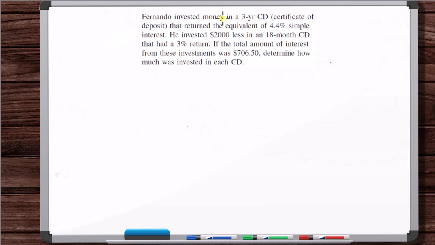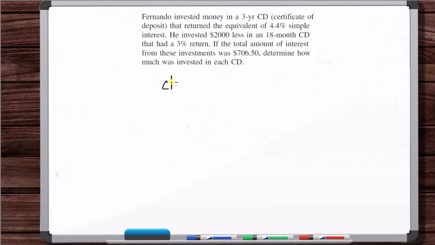Fernando invested money in a 3-year CD that returned the equivalent of 4.4% simple interest. He invested $2,000 less in an 18-month CD that had a 3% return. If the total amount of interest from these investments was this amount, determine how much money was invested in each CD. All right, so we've got this 3-year CD.